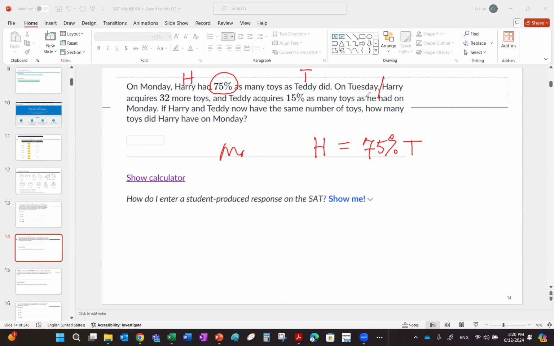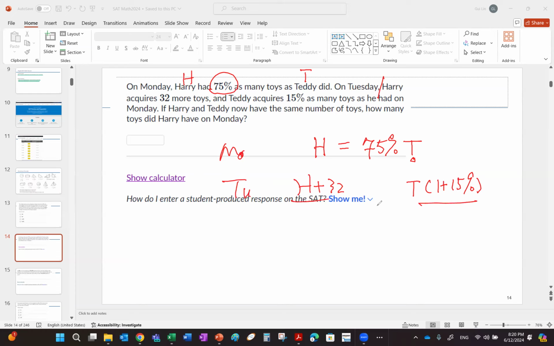And second, Harry acquired 32 more toys on Tuesday. So on Tuesday, Harry became initially his H plus 32, right? And what about Teddy? Teddy acquired 15% more toys than he had on Monday. So initially he had T, so T increased to 1.15T.